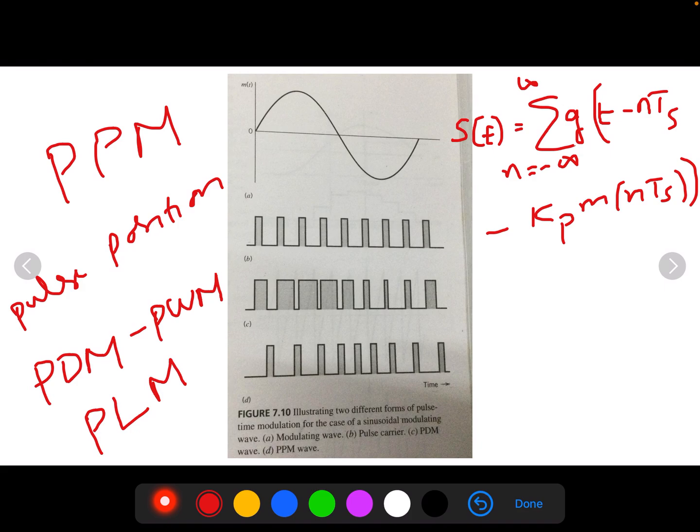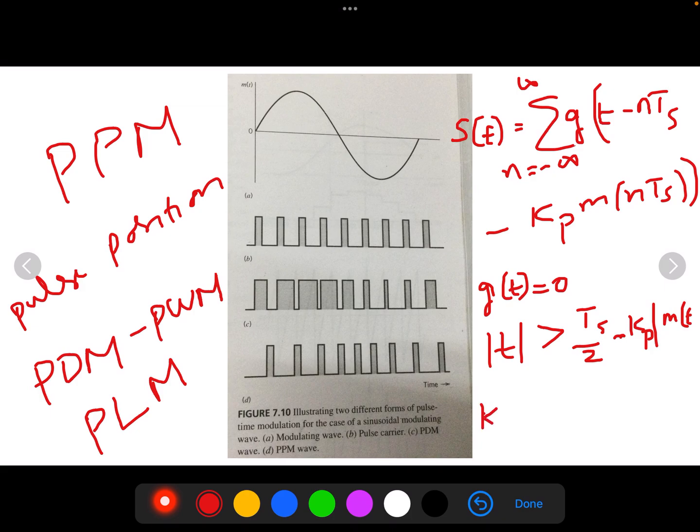The condition for this requirement to be satisfied is that g(t) should be 0 when t is greater than Ts by 2 minus kp into m(t) max, or you can also write this as kp m(t) max is less than Ts by 2.